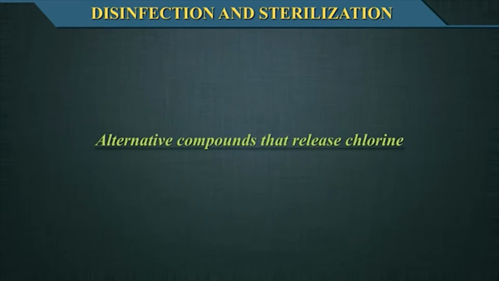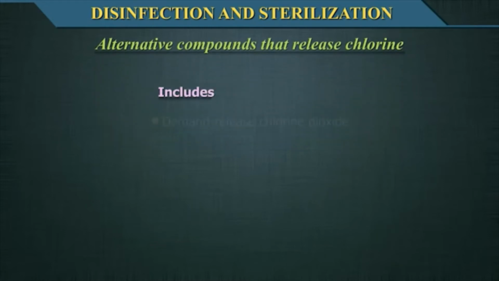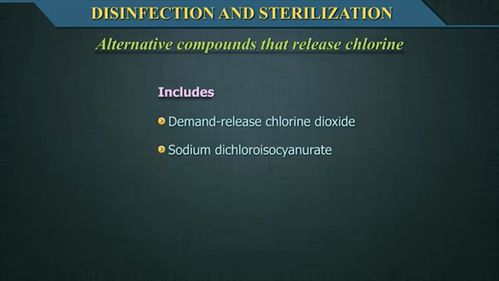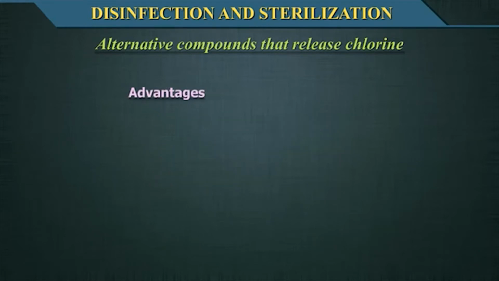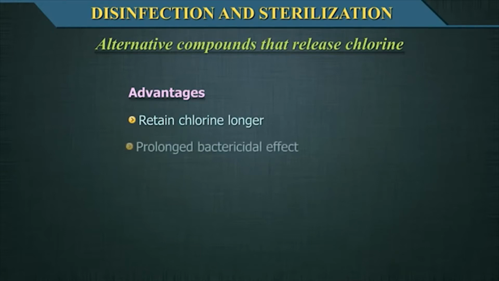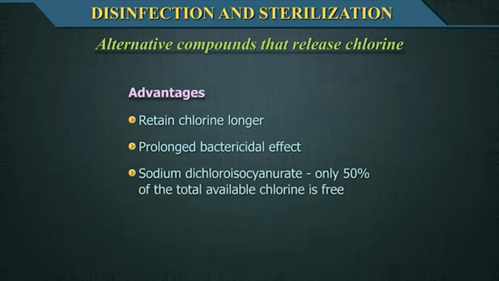Alternative compounds that release chlorine and are used in the healthcare setting include demand-release chlorine dioxide, sodium dichloroisocyanurate, and chloramine T. The advantage of these compounds over the hypochlorites is that they retain chlorine longer and so exert a more prolonged bactericidal effect. But with sodium dichloroisocyanurate, only 50% of the total available chlorine is free.